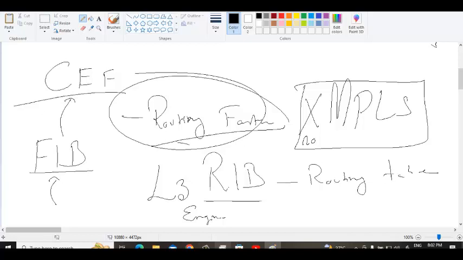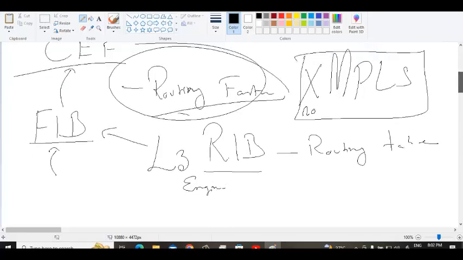So you need to go to a special CPU of the router in order to get routed, isn't it? When I say FIB, it means CEF, okay? When I say CEF, it means FIB only, okay? Now, even before MPLS, what they did is, why are we going every time to Layer 3?